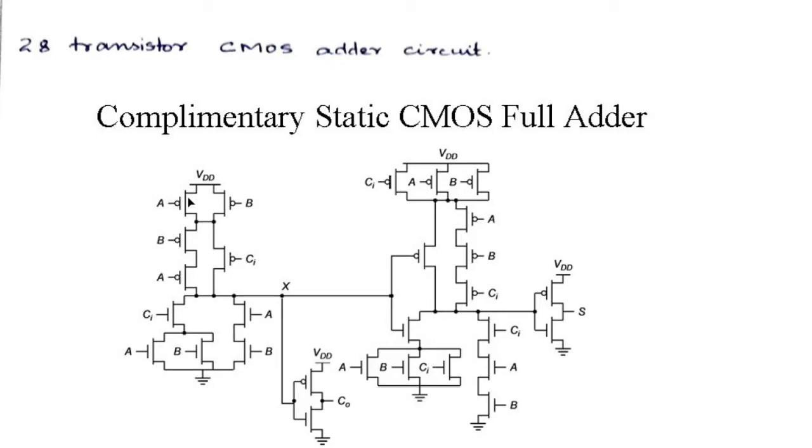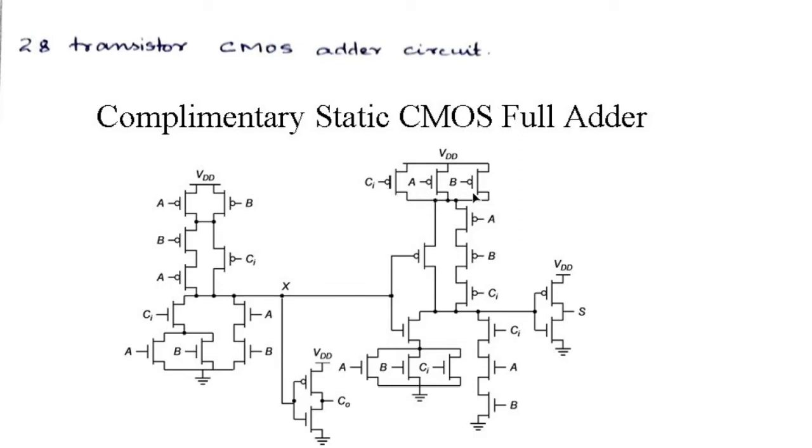Here again we can see the same thing, A bar B bar and then A plus B into Ci bar. When we take the inversion of the same thing, we get C0 out here. The next part is the sum part, and we know that the sum is equal to ABCI.